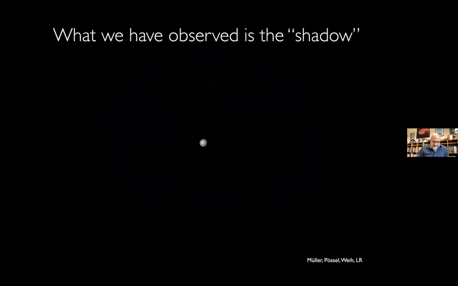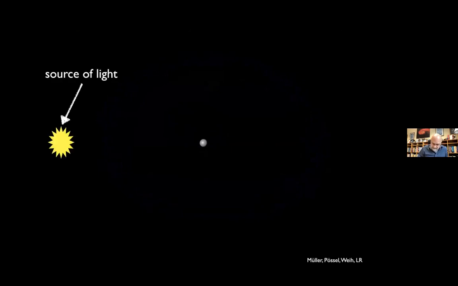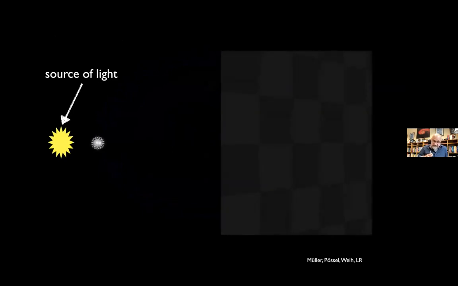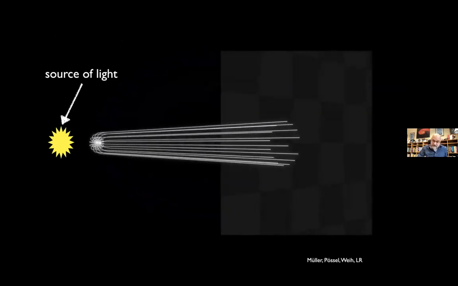Now the shadow. People tend to confuse shadow and event horizon, but let me explain the difference. Suppose that you have a black hole and you have a source of light. Then there are going to be photons emitted by this light, and you are here, an observer.